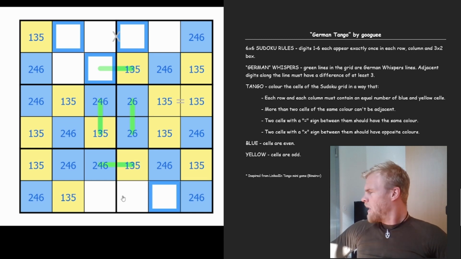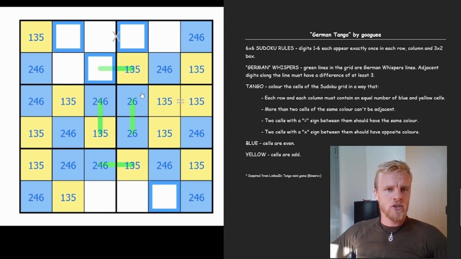But sorry, but isn't that also the case if we just switch the colors? So this is yellow. That's blue. That's blue. So this is yellow. This is yellow. This is yellow.